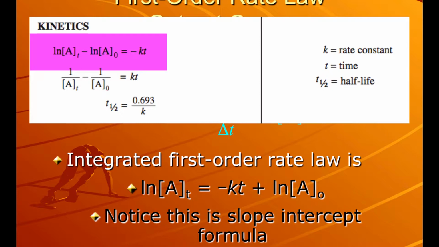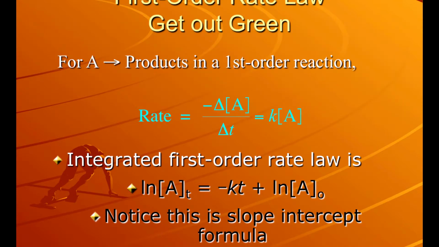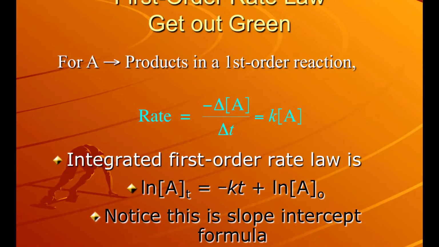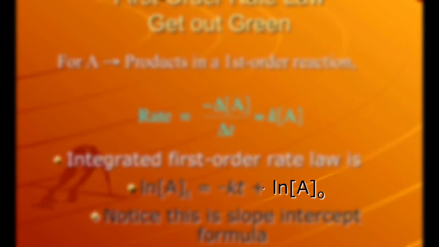So what kind of graph would I have to draw in order to get a straight line out of this? Well, my y-axis is over here, the natural log of the concentration of the reactant at time t. What's my y-intercept? That one's down here.